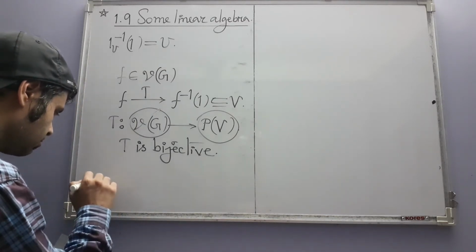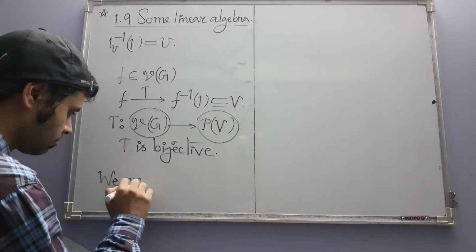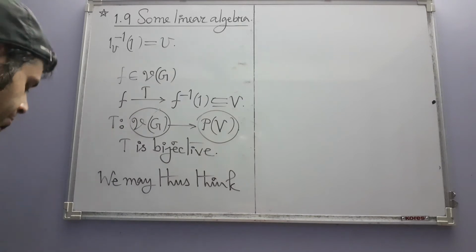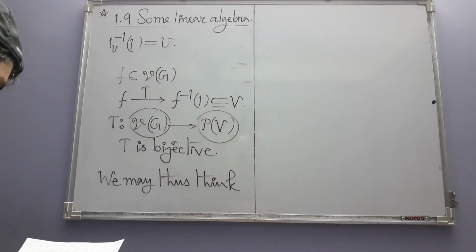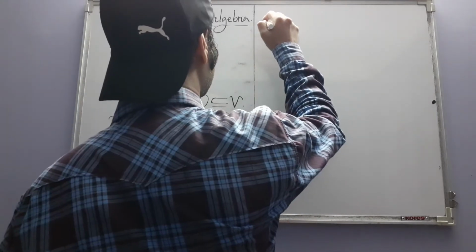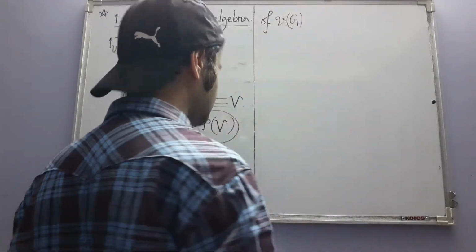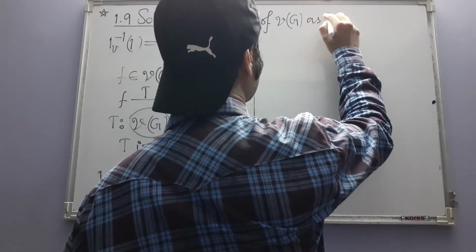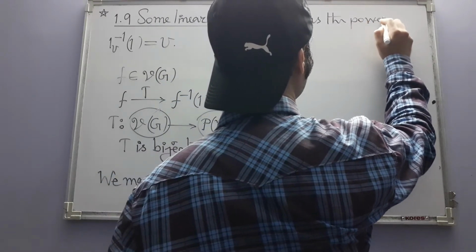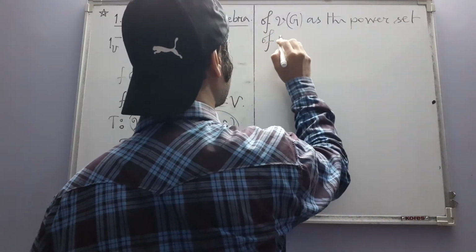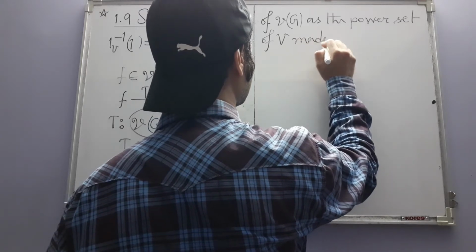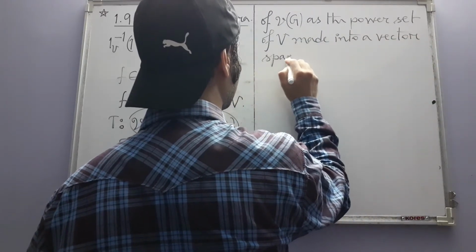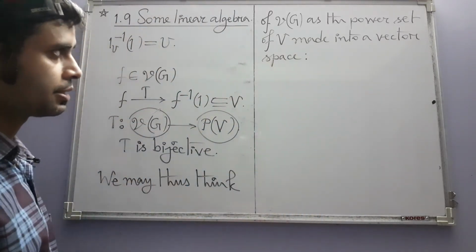We may thus think of our vector space nu of G as the power set of V, made into a vector space, not just as a group but as a vector space.